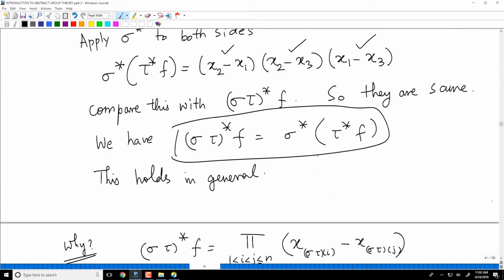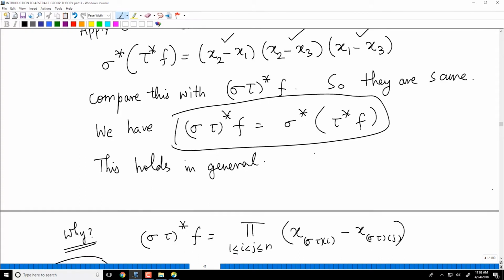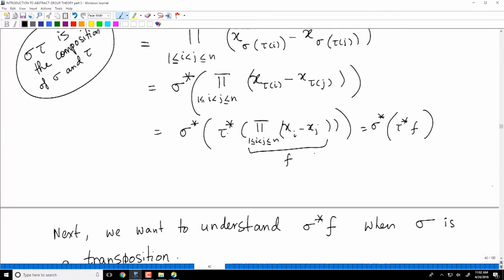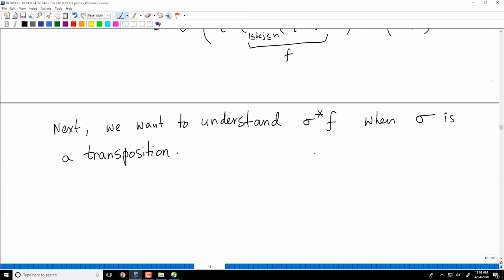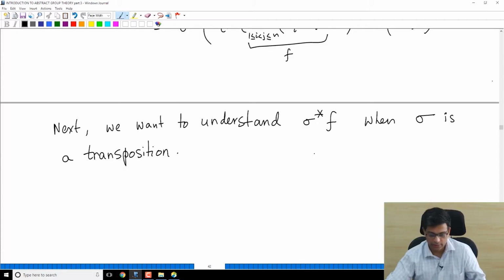Then I commented that when I take the product of two permutations and apply star, it is the same as first applying the second one and then applying the first one to the resulting polynomial, sigma star then applied to tau star f. Okay, and I proved that, and hopefully it is clear to you as we have seen in several examples.